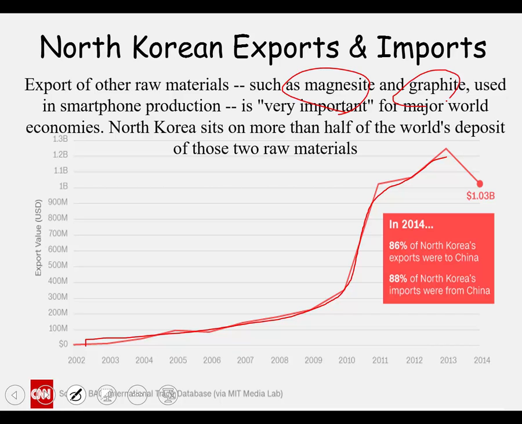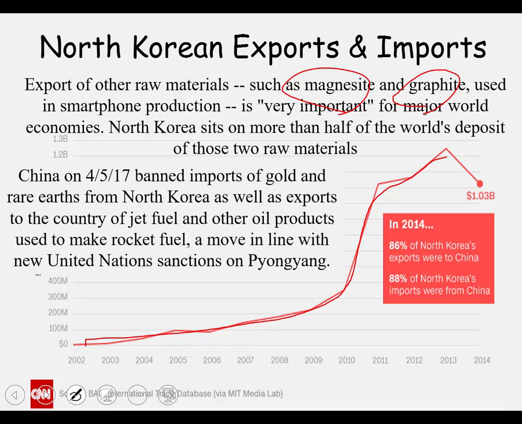We have a lot of graphite and magnesite, and that's important for smartphones, so we're okay. Well, then China said, oh, by the way, we're going to also ban imports of gold and rare earths, as well as export to you jet fuel and other fuels.